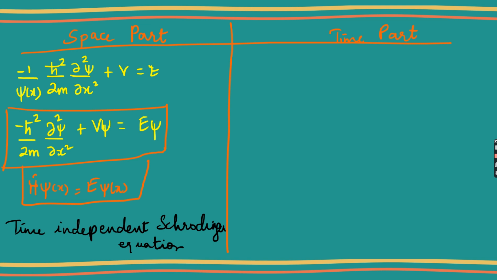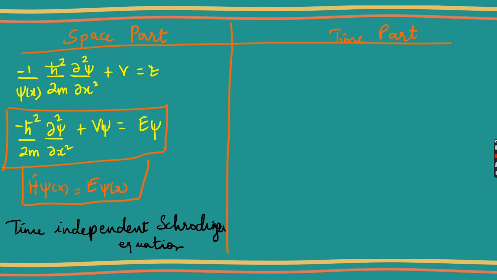So I am going to solve this space part over here. So I have the LHS, minus h cross square by 2m, dou square psi by dou x square, plus V, which is equal to the constant E. So now I am just simplifying it further, and if you see, I get H psi is equal to E psi, and E here is a constant which is an eigenvalue.